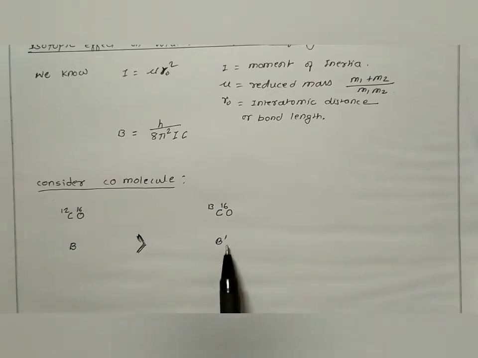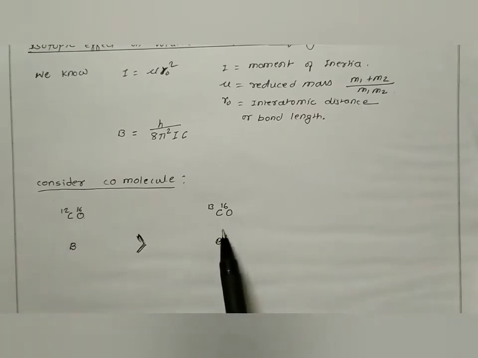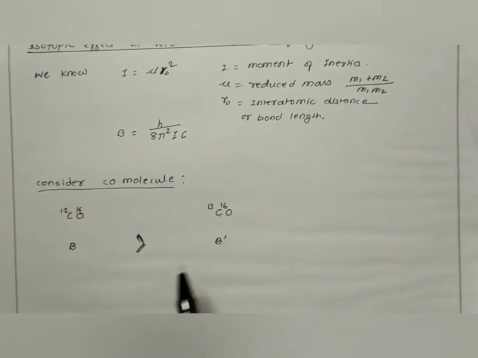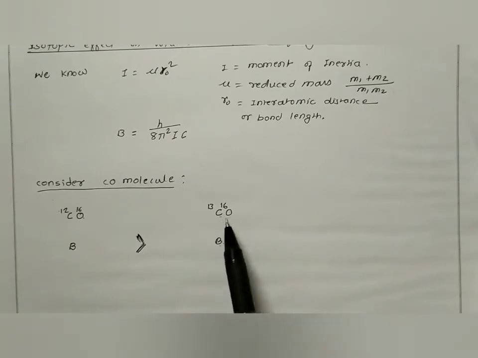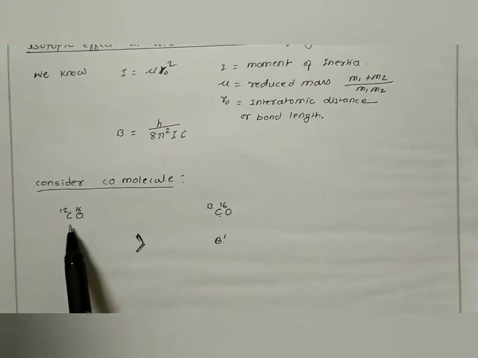Therefore the spacing between the energy lines will change. The spacing between the energy lines for carbon monoxide substituted by the isotope is less as compared to carbon 12.